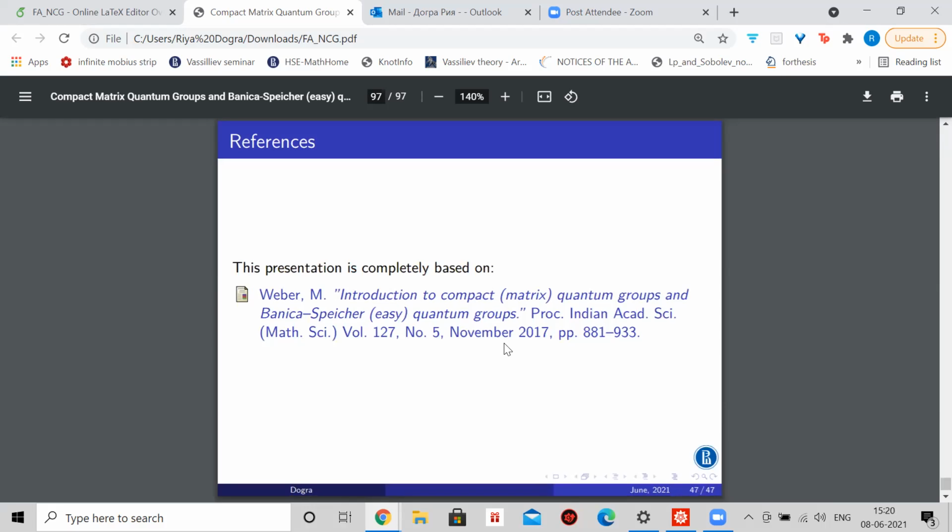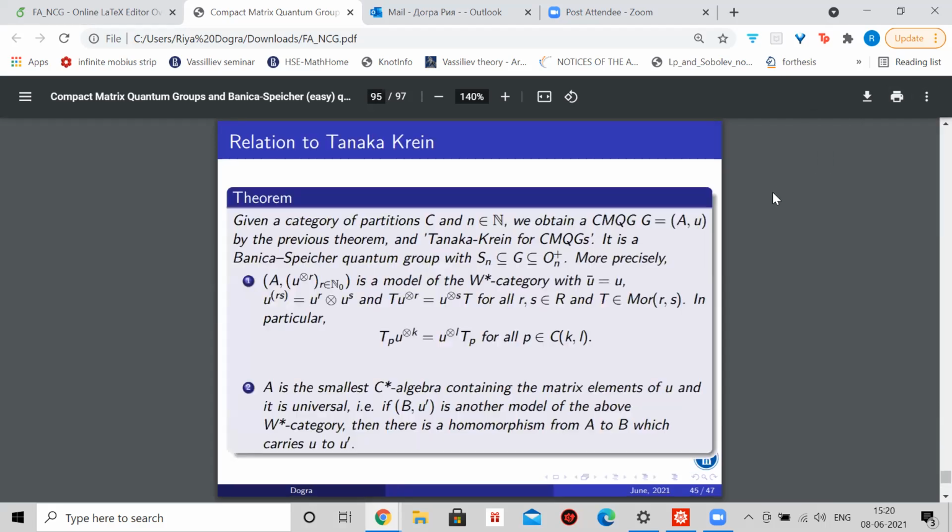If there are any questions. Okay, thank you, Riya. Could you show me once again, please, the last theorem? My conjecture, though I'm not sure, is that the representation category of A is equivalent to, maybe not C itself, but something else.